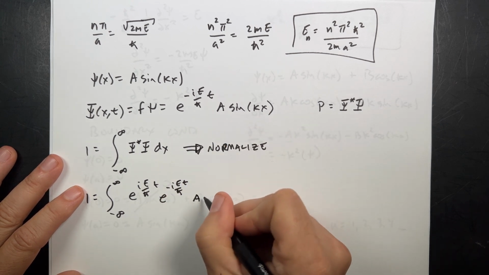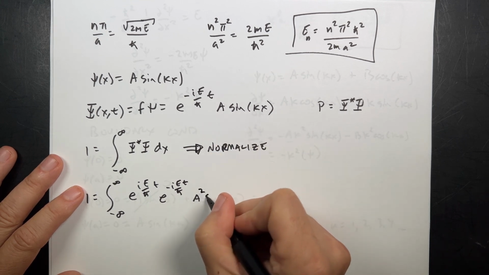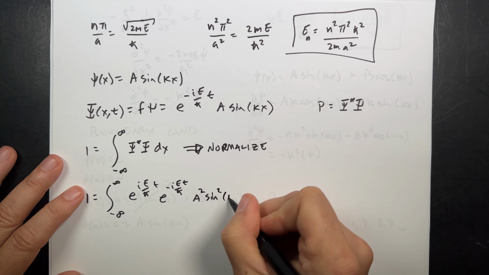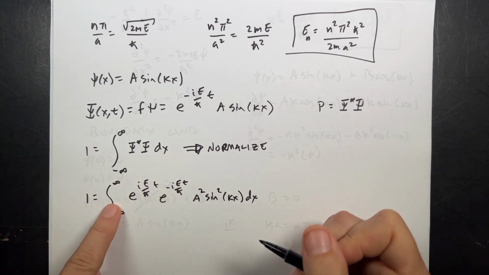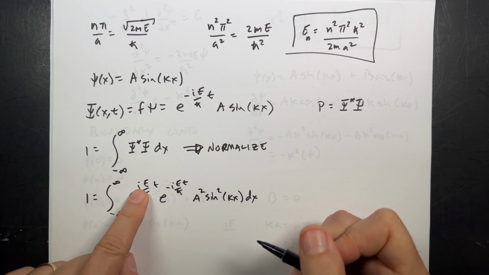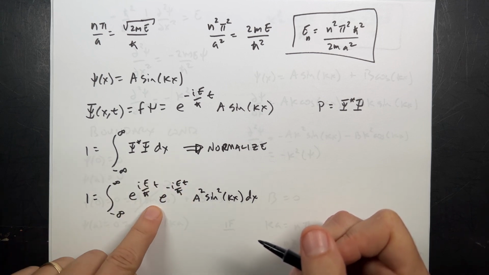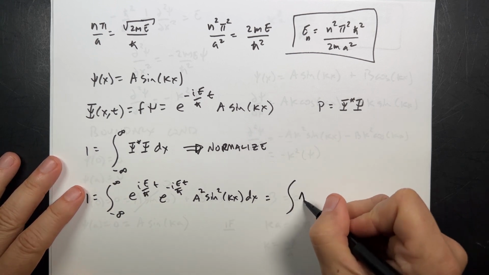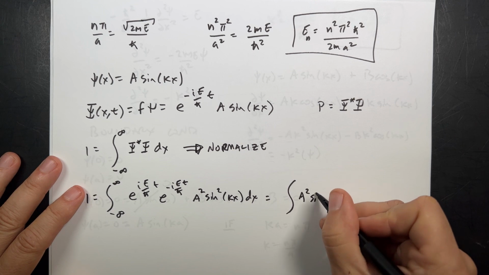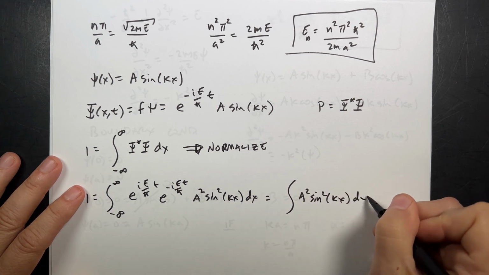And then I have two of these, and they don't change: A squared sine squared kx dx. And right here you see what's really nice is that e to the i E t over h bar times e to the minus i E t over h bar is just 1. So this is equal to the integral of A squared sine squared kx dx.